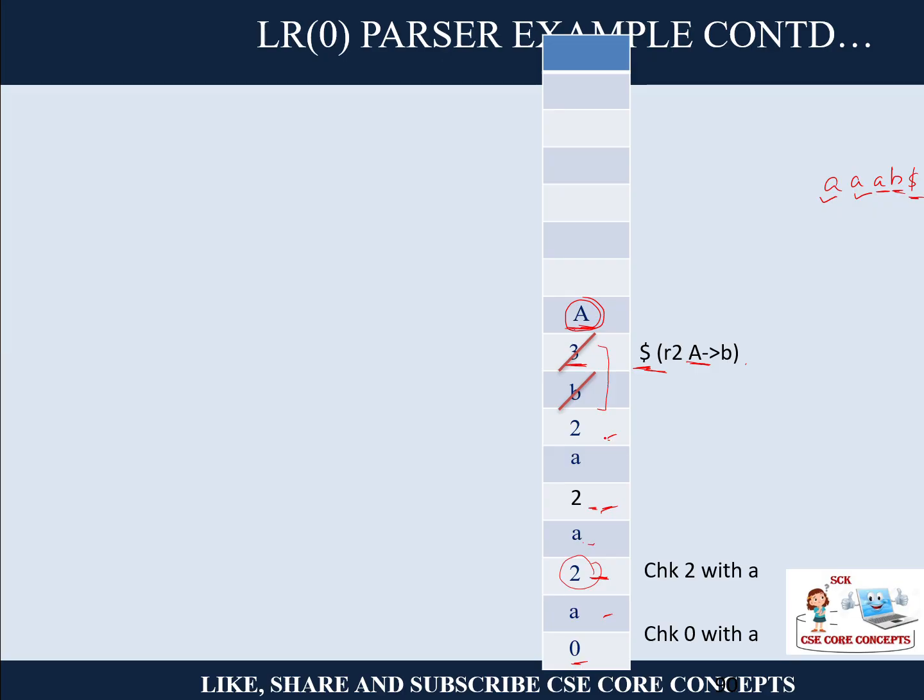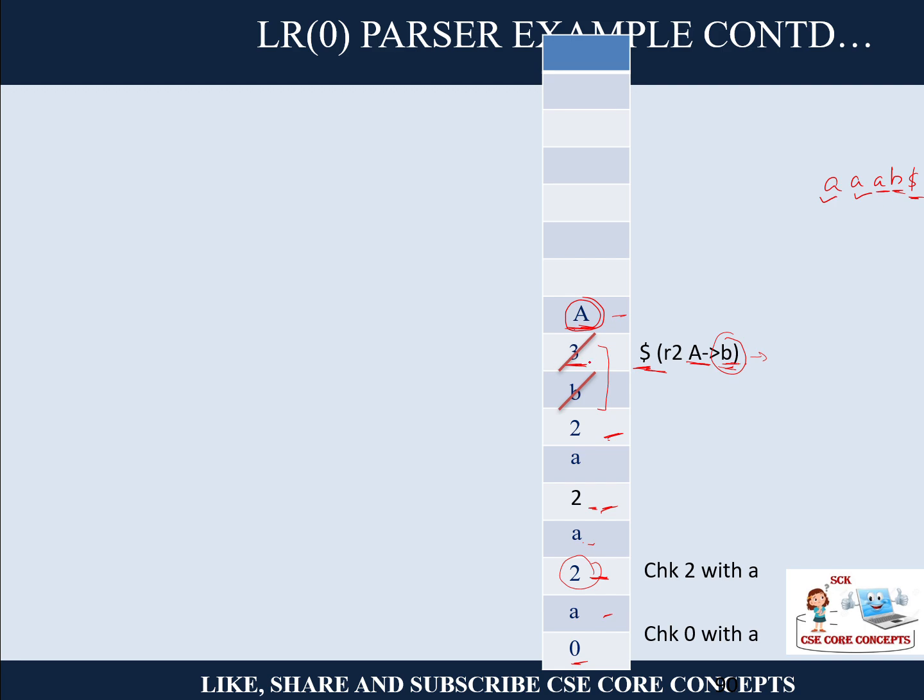Your top of the stack is 2. One more trick I will tell you. Here on the RHS, how many elements are there? 1 element. So double the number of elements, that is the number of elements you are going to pop. Simple rule. 1 element, so double is 2.